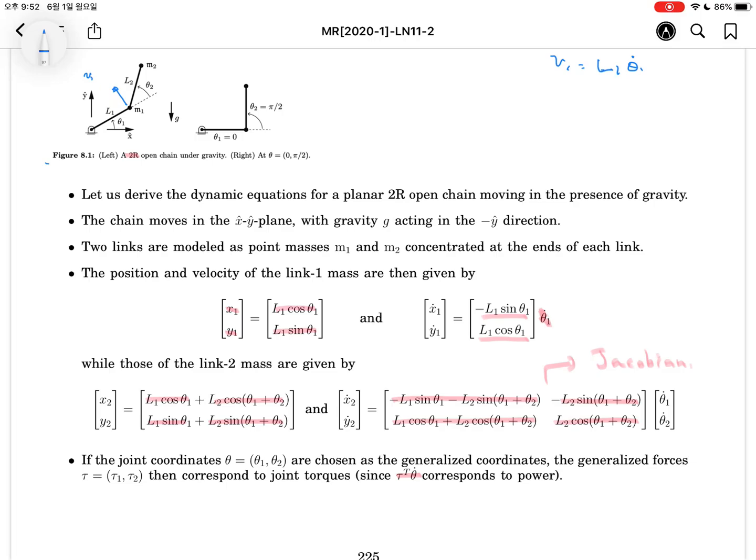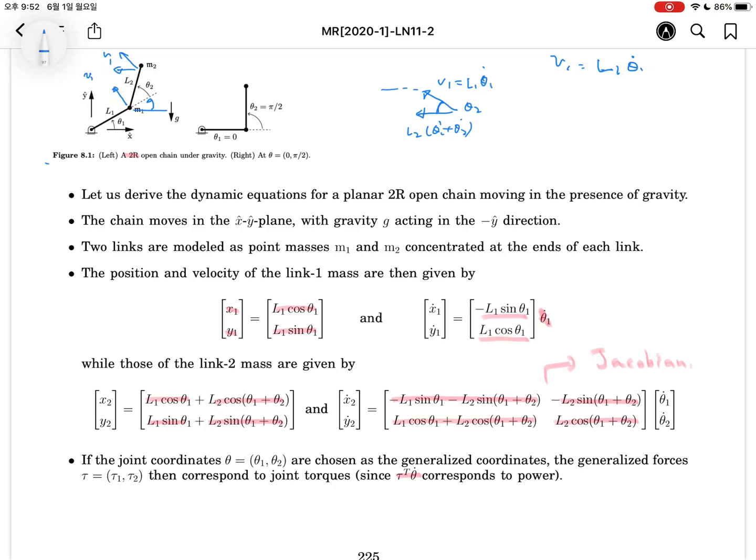And then link 2 has the same velocity v1, is it right? And then the perpendicular velocity appears. So it can be decomposed into 2 terms: v1 and L2 (zeta 1 dot plus zeta 2 dot), because it is zeta 1. So v1 is L1 zeta 1 dot. The angle will be zeta 2.